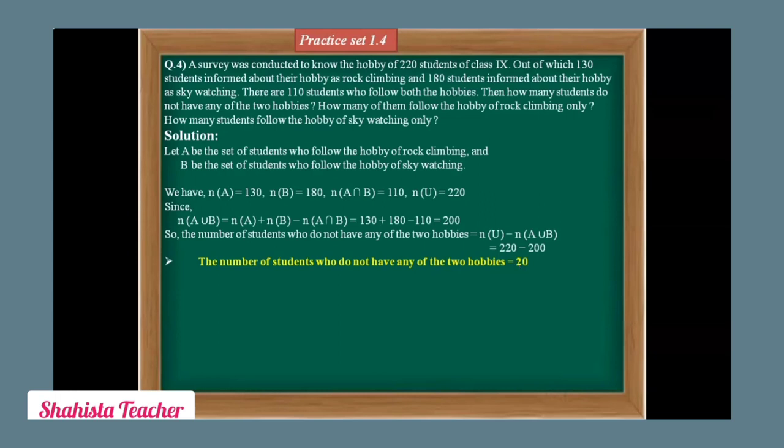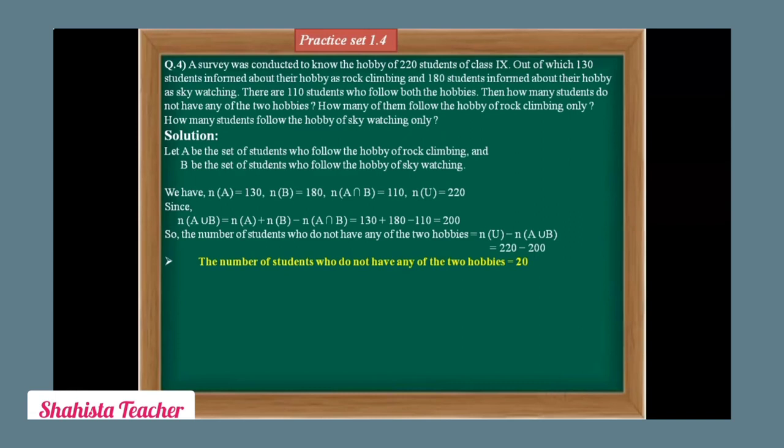Okay. Now next we have to see how many students follow the hobby of rock climbing only. So for that we have to write the number of students who follow the hobby of rock climbing only.